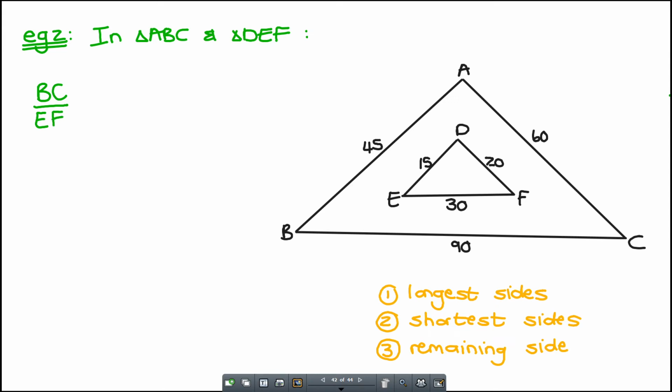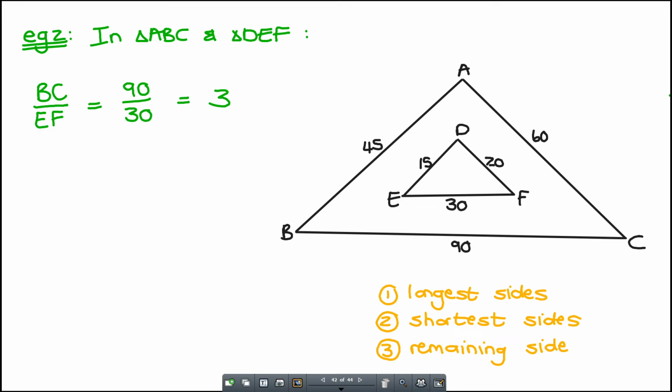So can you see I take the longest side of the big triangle and the longest side of the small triangle. Now let's substitute in. BC is 90 and EF is 30, and that simplified gave me 3. Yes, that's exactly how we're going to write it.